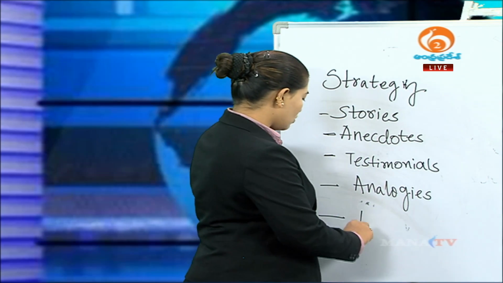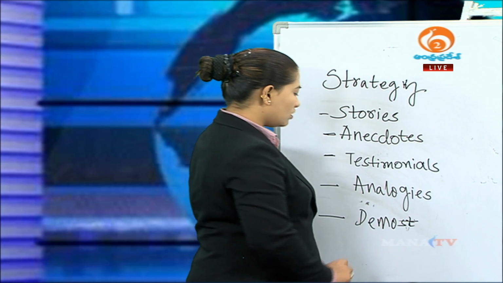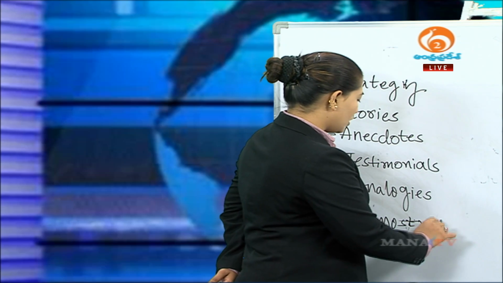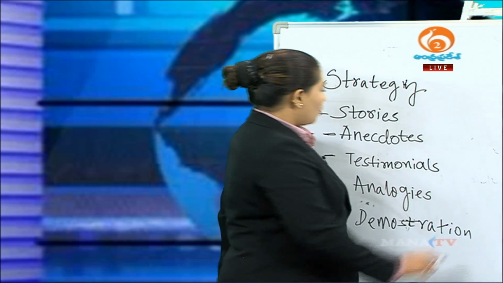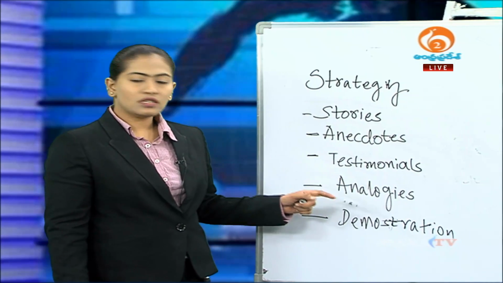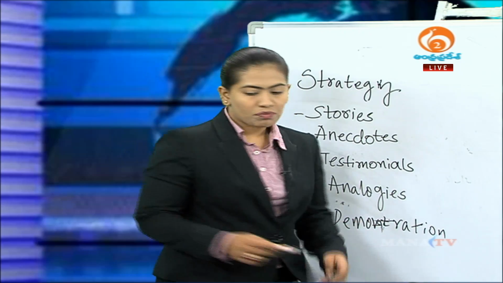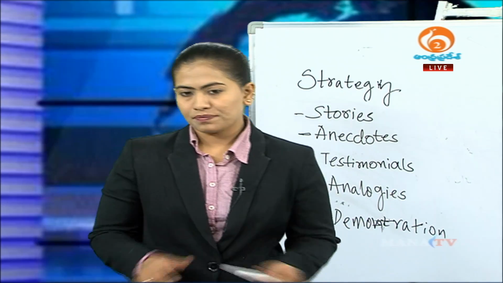Now this is something practically you can do and show something to the audience so that they can get the information. Once again, stories, anecdotes, testimonials, analogies and demonstration to make your presence felt as a speaker and to be an effective presenter.